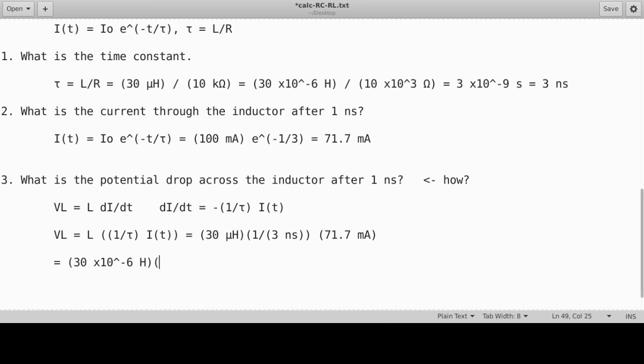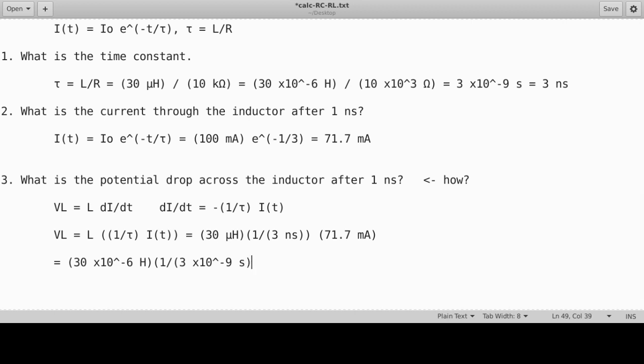And then we have over here 1 divided by 3 nanoseconds. All right. What's a nano? Times 10 to the exponent negative 9, like that. Whoops, the seconds should go in the brackets. There we go.